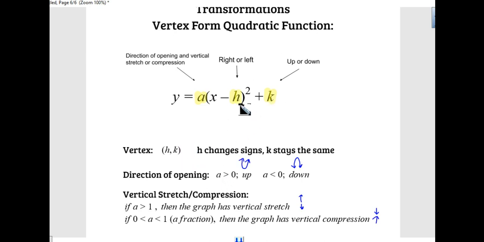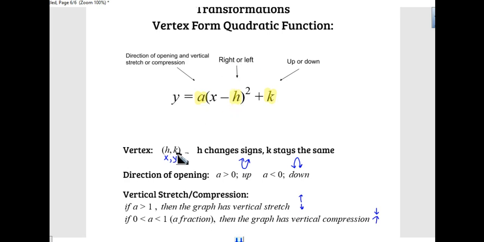All right, since h and k are used to write the vertex, I want you to remember that every point is my x and my y when I'm putting it on an xy axis. So the h corresponds to the x. And if you think about a graph, the x-axis goes from left to right.